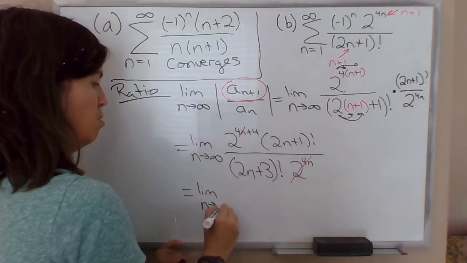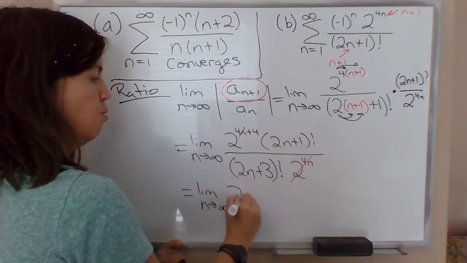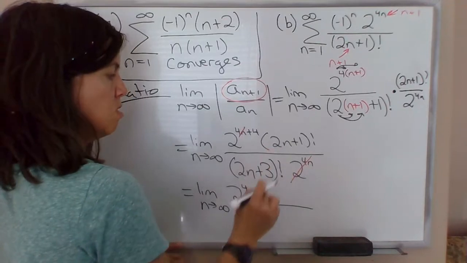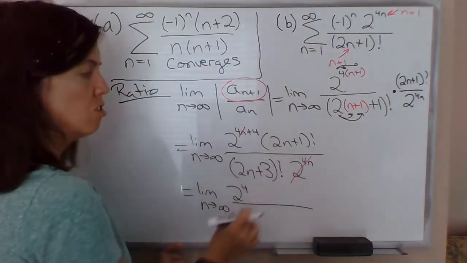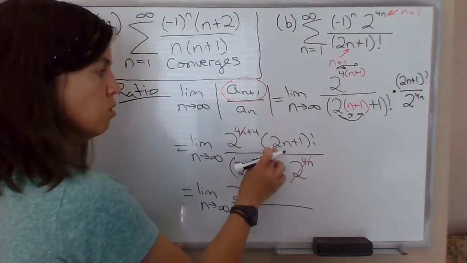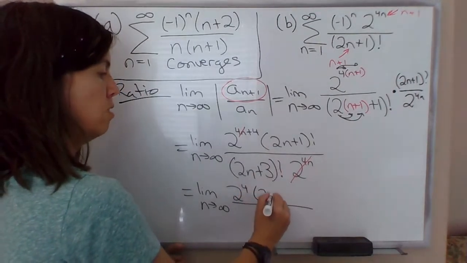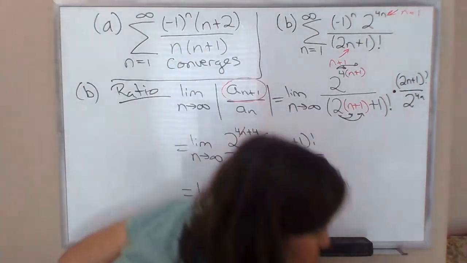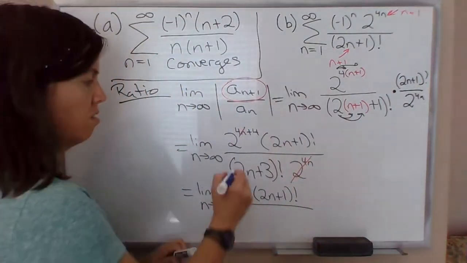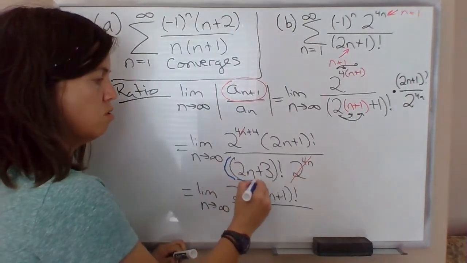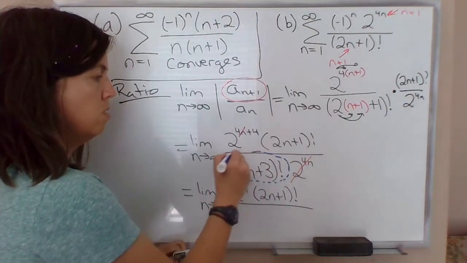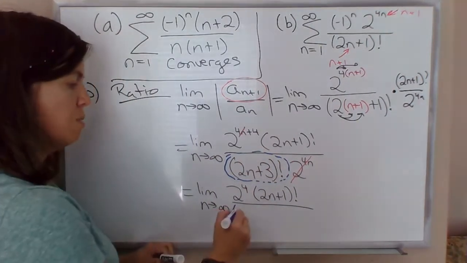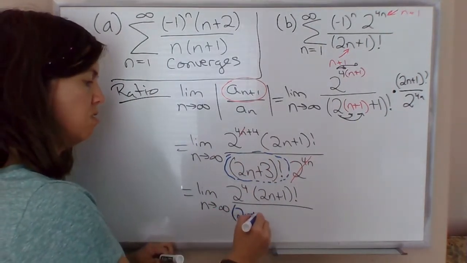So the limit as n approaches infinity of 2 to the 4th, which is 16, times, with the ratio of these two factorial expressions, you leave the smaller factorial alone. So I'm going to leave the (2n plus 1) factorial alone. And I'm going to take this (2n plus 3) factorial and expand it downwards. This is a step to be careful with. I'm going to start at the highest value, 2n plus 3.